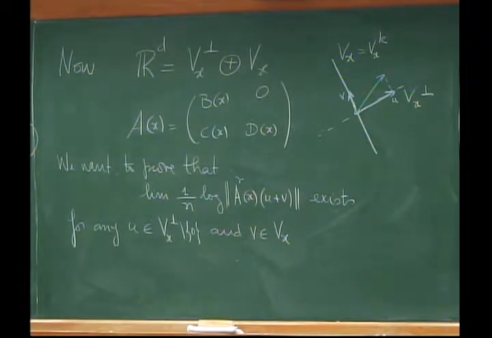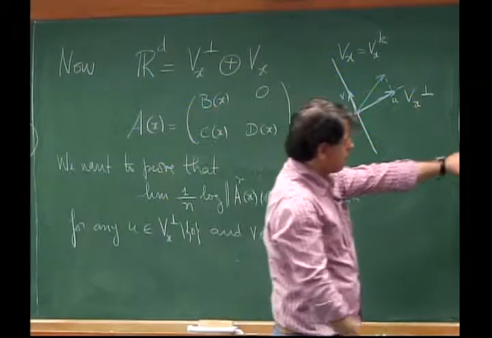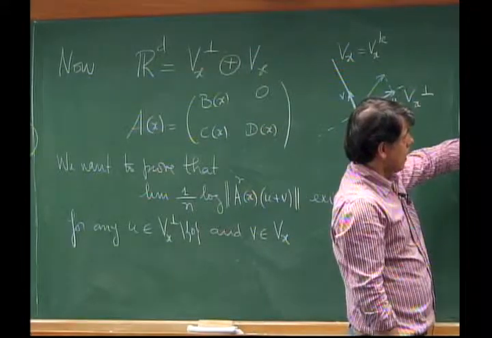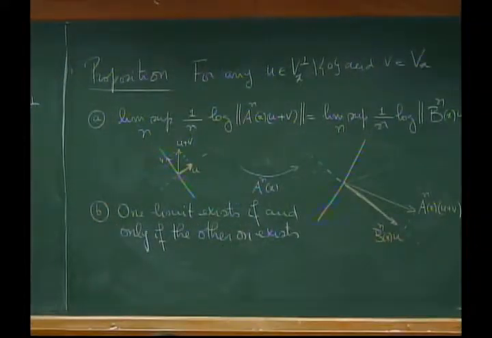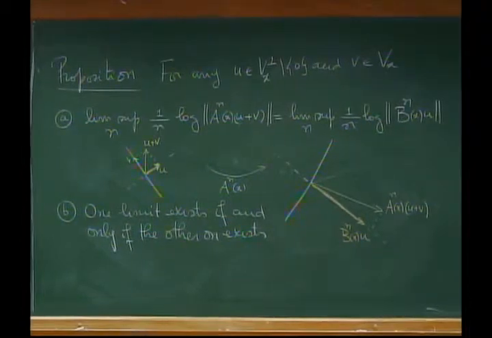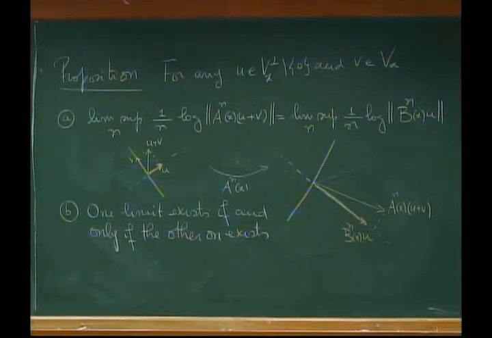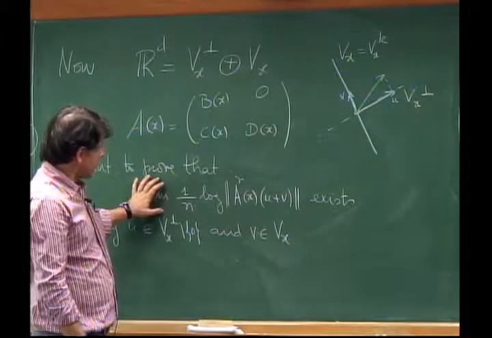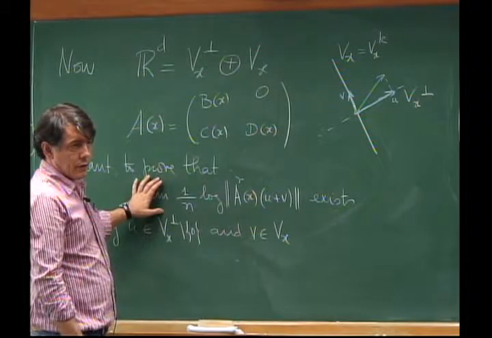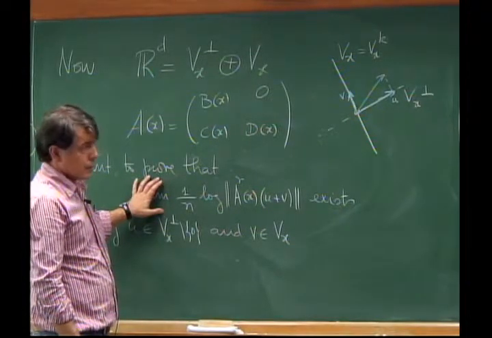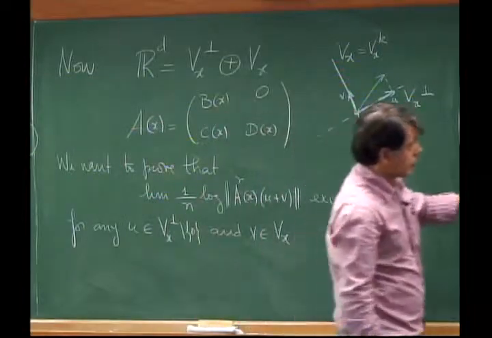I know that the lim sup, by this proposition, this limit exists if and only if this other limit exists.